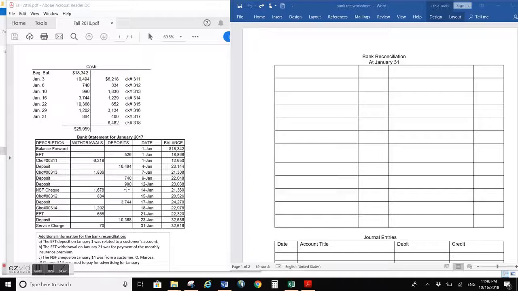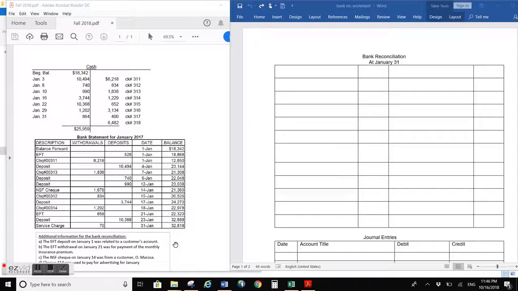One of the key factors in doing a bank reconciliation is to first read the additional information down at the bottom of the question. All bank reconciliations will have this type of information. The reason I recommend that you read it is it will help you avoid some traps.